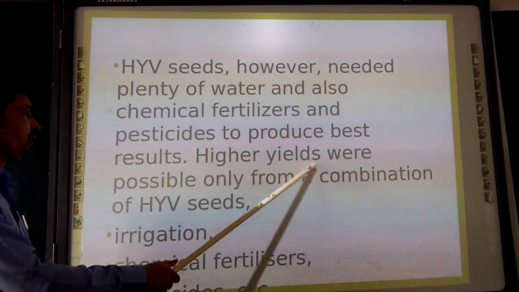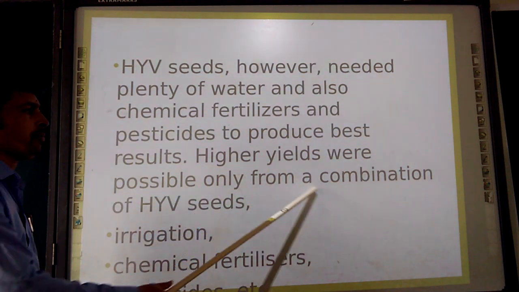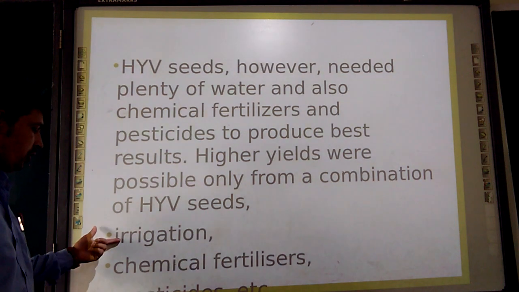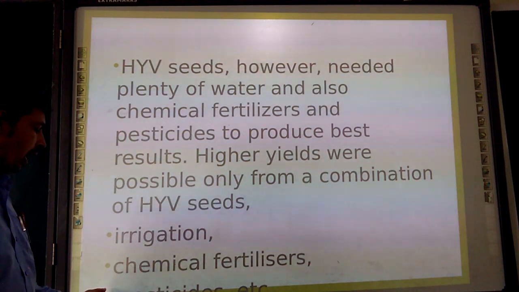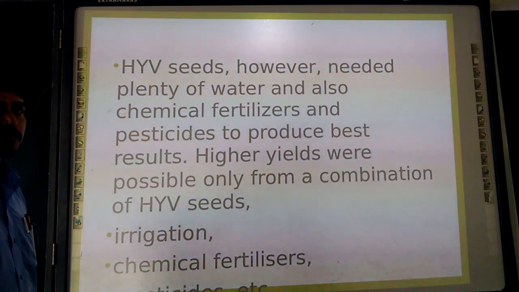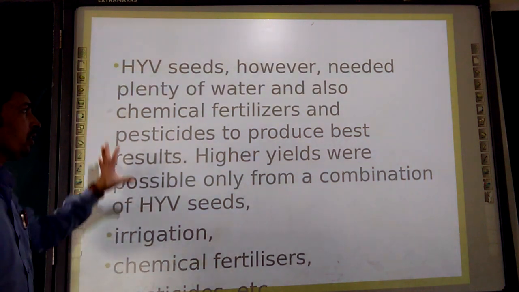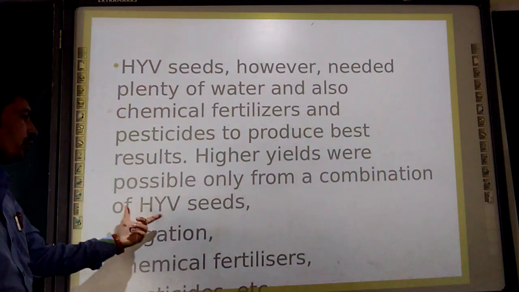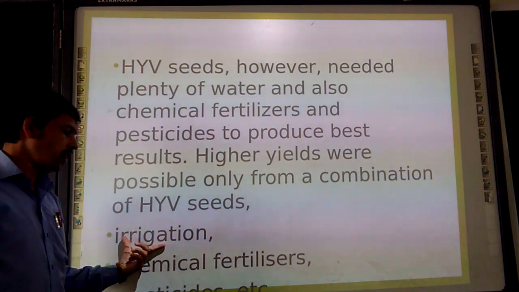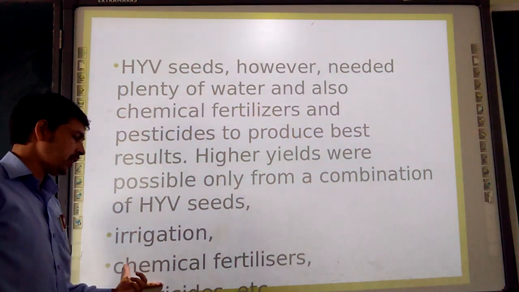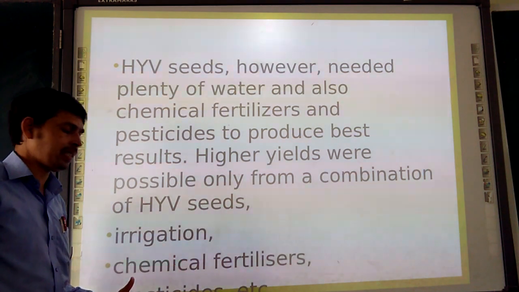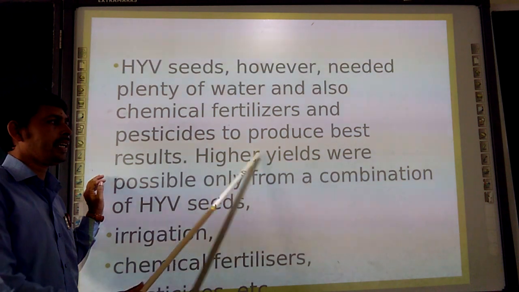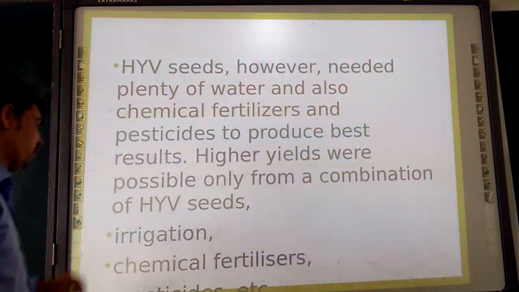Higher yields were possible only from a combination of HYV seeds, irrigation, chemical fertilizer and pesticides. So in modern farming methods, it is compulsory to use HYV seeds, good irrigation facilities, chemical fertilizer and pesticide. Without that, they are not going to give the high yield.